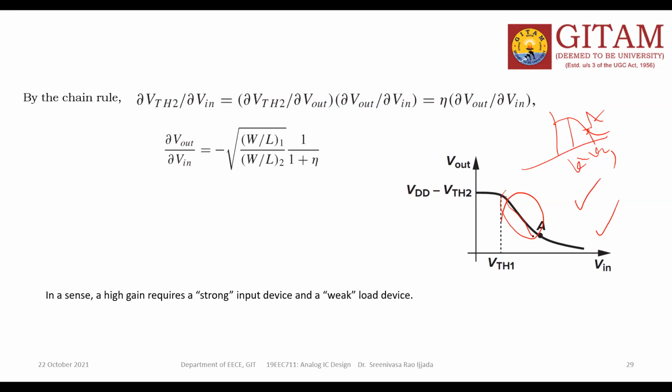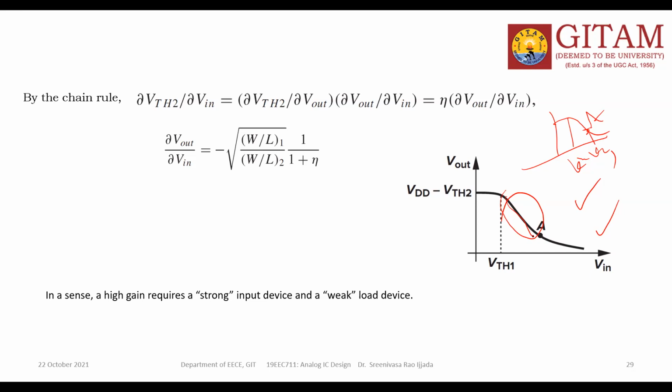Since the bottom device M1 is off, there is no current, so ID is 0. So Vout is equal to VDD minus 0, and the output is the complete VDD. So you got the full voltage for the 0 input. That is called the voltage swing. Full voltage swing you got.